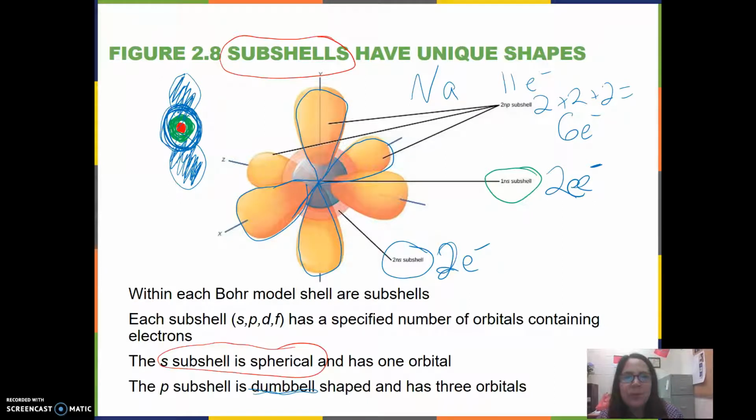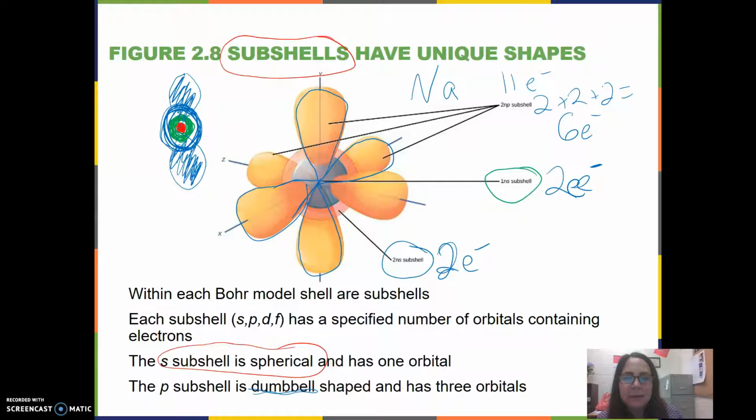Okay, so those subshells are just simply regions of space where if we were to take a snapshot of an electron at any given time, it will be somewhere in that area. It's likely to be somewhere in that dumbbell shape, for example, if it's in one of the p subshells. So this is really tricky to understand.